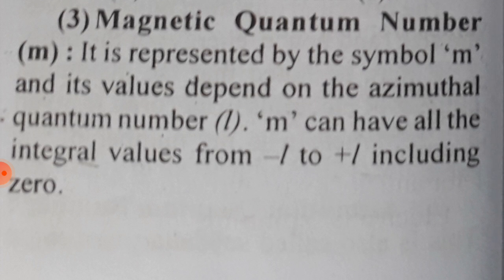3. Magnetic quantum number m. It is represented by the symbol m and its value depends on the azimuthal quantum number l. m can have all the integral values from minus l to plus l including 0.